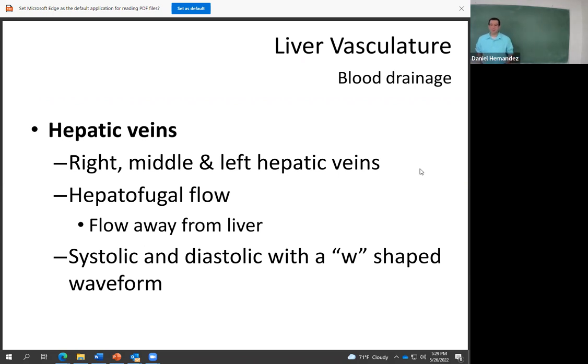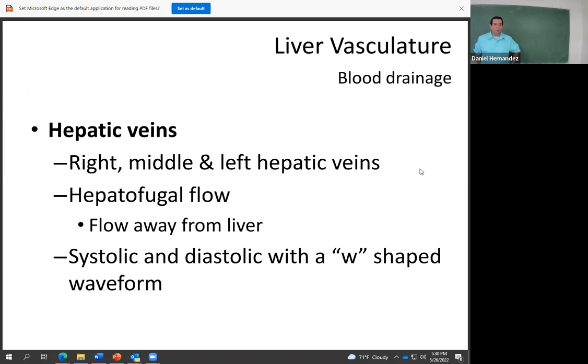These veins will separate liver segments. That's something we're going to learn a little bit later on, how it divides the different segments of the liver. But just know that the blood flow in these vessels is now called hepatofugal, so it's flowing away from the liver. Remember, hepatopetal is towards, fugal is away or out of the liver.